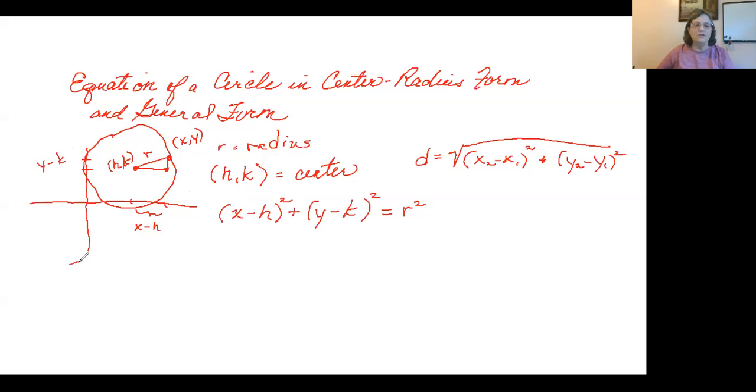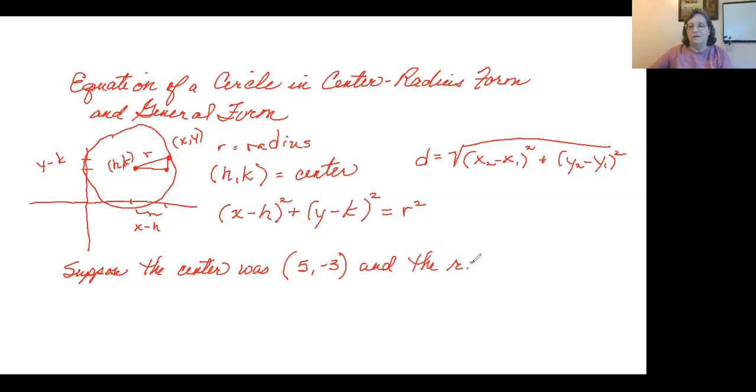Now suppose the center of a circle was the point 5, -3, and the radius, the distance from the center to the outside of the circle, was 4.